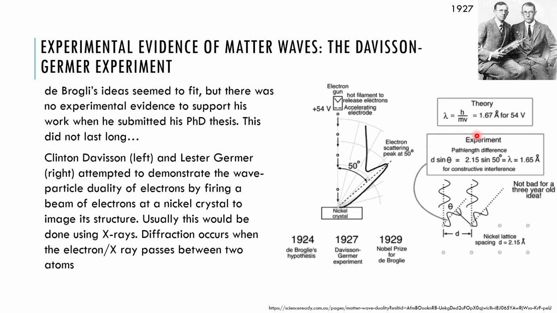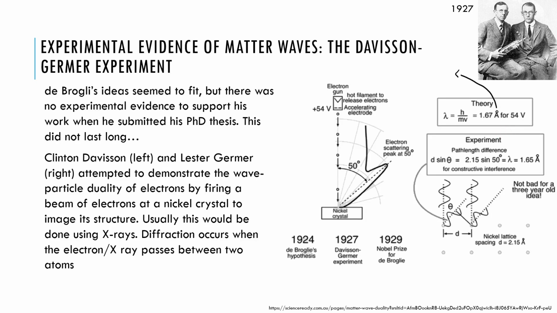You can see here when we're looking at things about the path length difference, for example, we are using our d sine theta is equal to n lambda formula that we see and use in our other diffraction experiments that we did in module 7. Using de Broglie's equation and assuming that they were able to fire their electrons at a suitable velocity, the calculated matter wave in this scenario provided a wavelength of 1.67 angstrom.